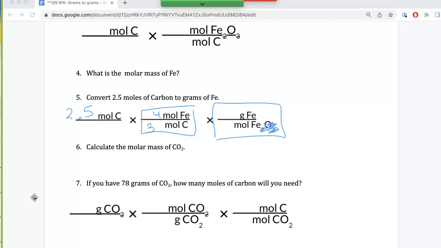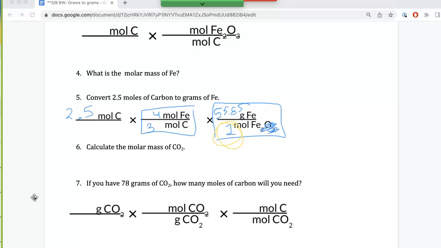Well, the molar mass for iron we said is 55.85. There are 55.85 grams in 1 mole. Remember, molar mass is always per 1 mole. Next, I can multiply everything on the top together. So 2.5 times 55.85, that gives me 558.5.